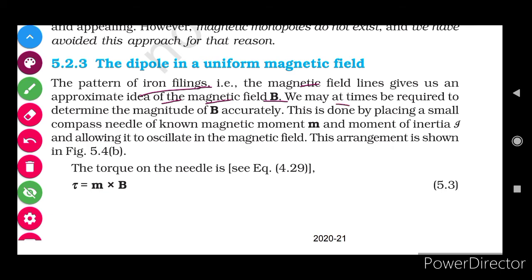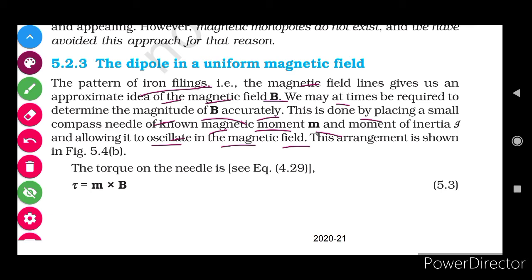Now we may at times be required to determine the magnitude of B accurately. This is done by placing a small compass needle of known magnetic moment M and moment of inertia I, and allowing it to oscillate in the magnetic field. So we place a magnetic compass needle in the magnetic field whose magnitude we have to find.